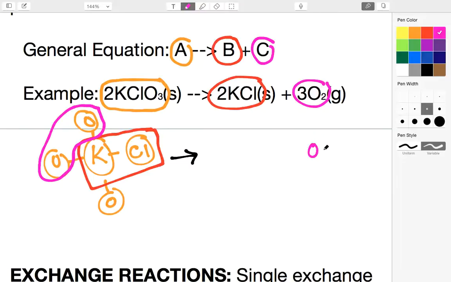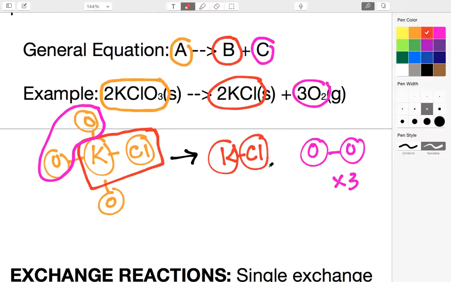So my product looks like this. I have 3 of them. I'm just going to do times 3 instead of drawing it 3 times. Right. And then for KCl, I have the elements K and Cl. And I have 2 of those. This one, my reactant in orange, I also have 2 of those because of my coefficient, right?